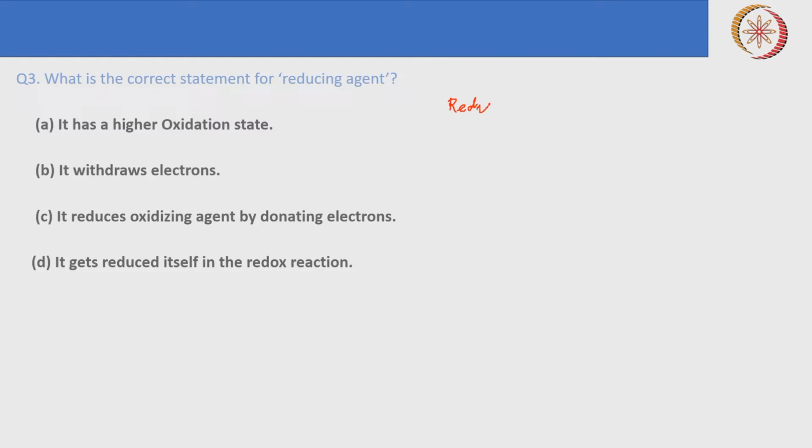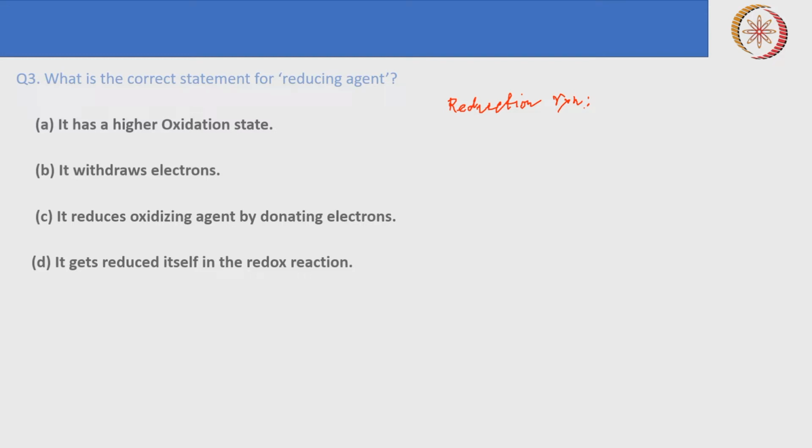What is the reduction reaction? Okay, so reduction reaction is basically the gain of electron. So if in some reaction some element or some compound gains electron, then their oxidation state changes.